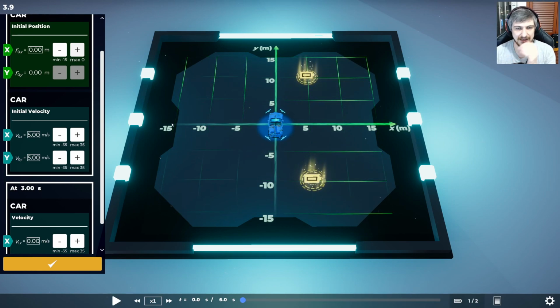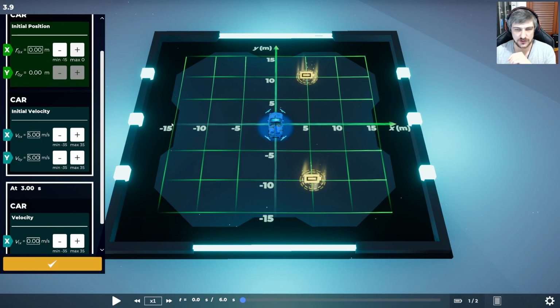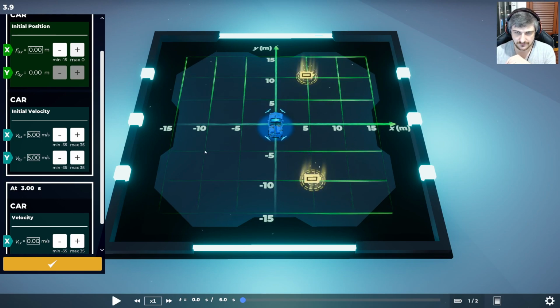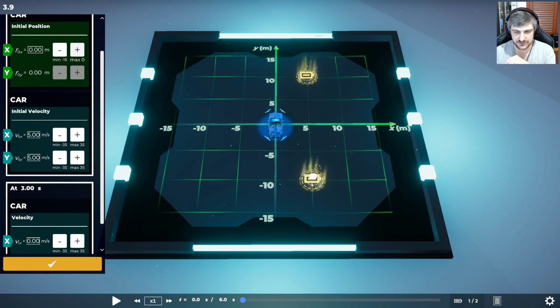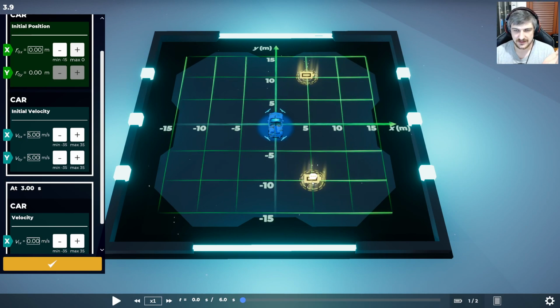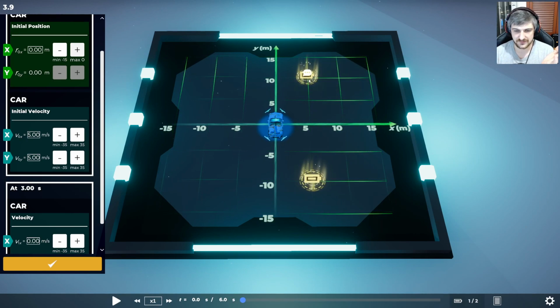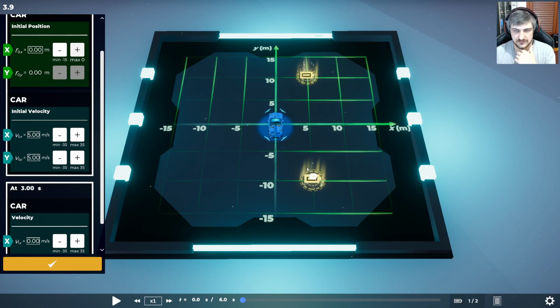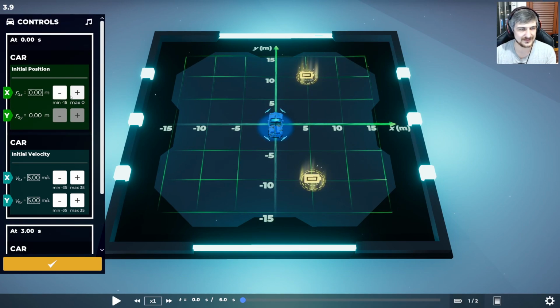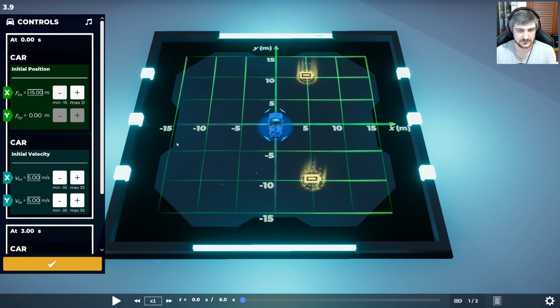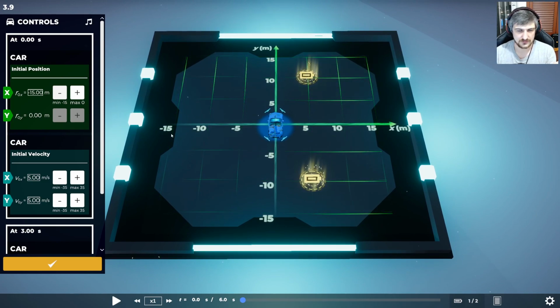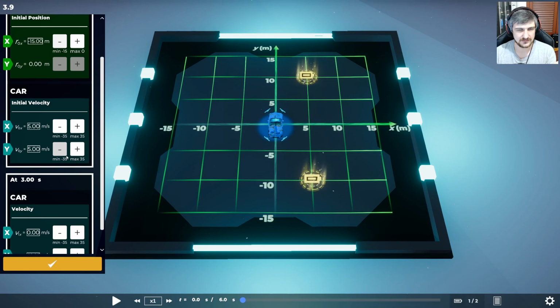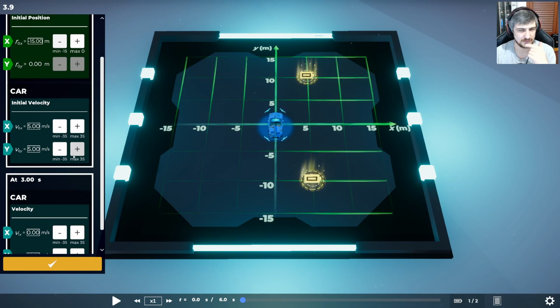But if I start at minus 15 and go towards one of these, and go, you know, 1, 2. That's 2 seconds. And then I can just go 1, 2, 3, 4. Oh, wait, what am I doing? I can just go 1, 2, 3, 4. Why am I thinking about this? This is not a hard one.